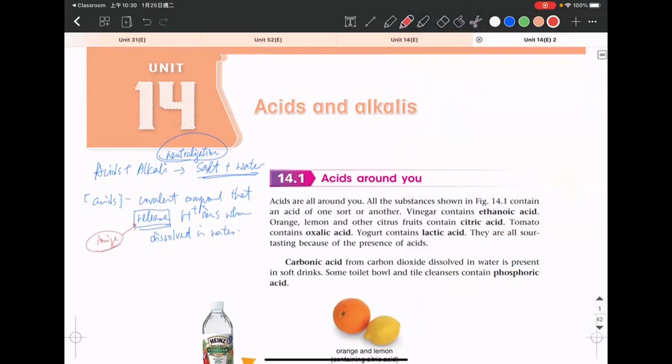What is meant by ionized is that the acid is indeed in molecule form. Once it dissolves in water, it changes its form to form ions. The process we call it is ionization. So you'll know it later. Yes, that's right. What else?